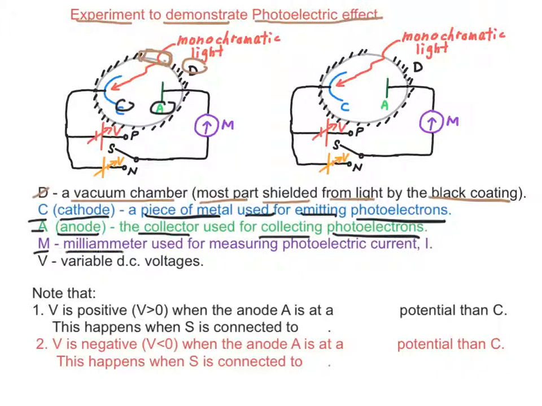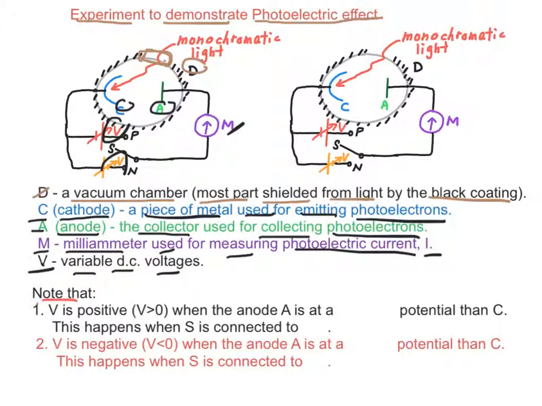M is a meter used for measuring the photoelectric current I. V is a variable DC voltage.